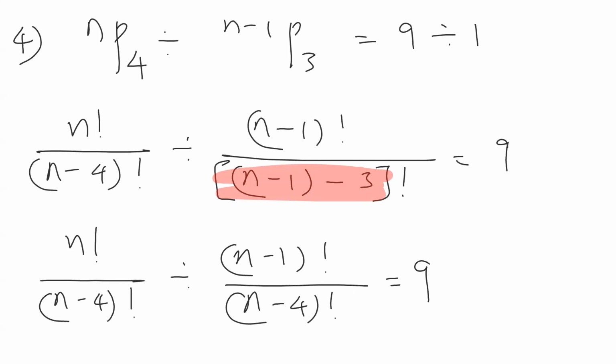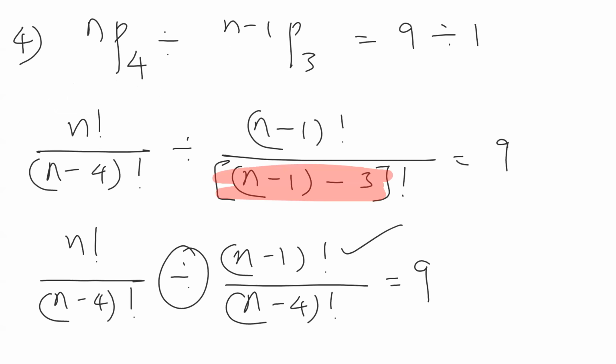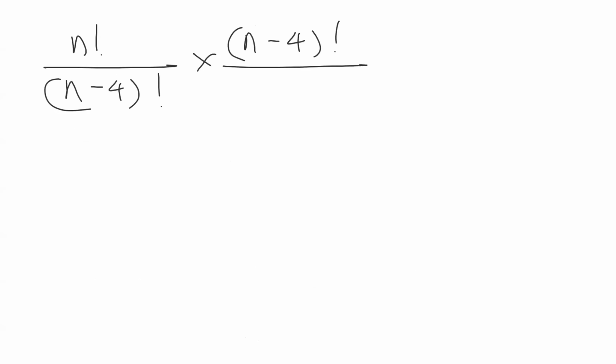So this division in the next step will become multiplication. So what I will do is n factorial upon n minus 4 factorial into n minus 4 factorial upon n minus 1 factorial. Division became multiplication. Will reciprocate these terms. N minus 1 factorial is equal to 9. Some cancellations.